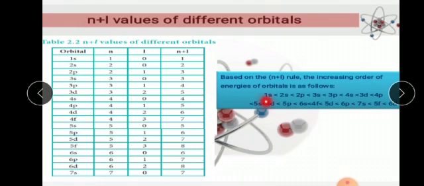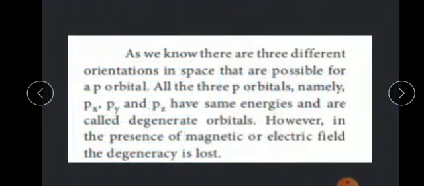So we write 1s2, 2s2, 2p6. The s shell may have only 2 electrons, that is why I am writing 1s2. The p shell may have 6 electrons, located in the 3 subshells px, py, pz. These all have the same energies, so they are called degenerate orbitals.